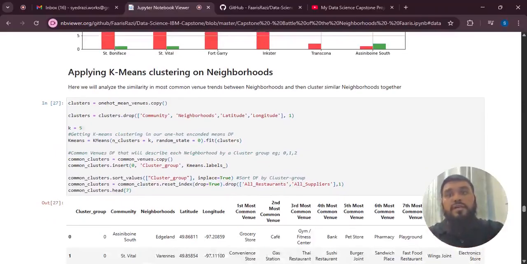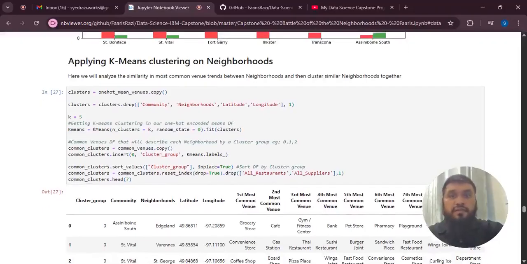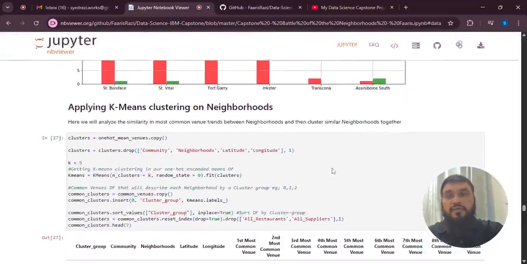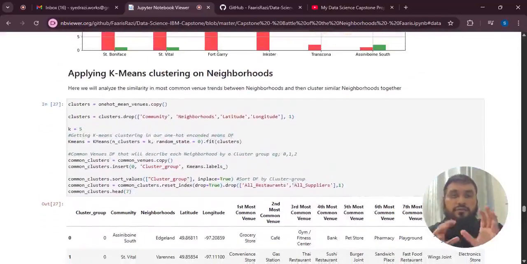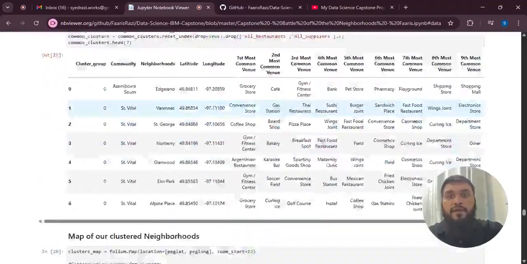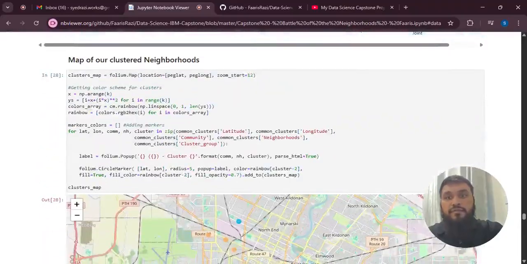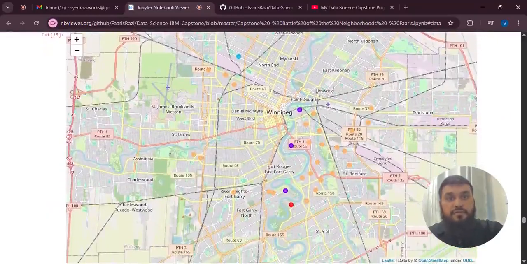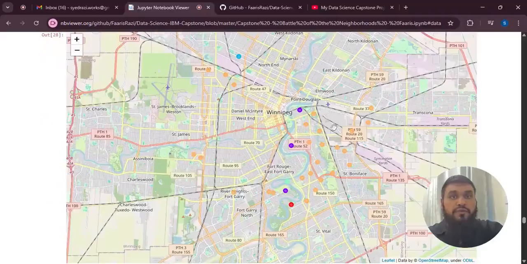So here we apply k-means clustering, which is an unsupervised machine learning algorithm where we'll be feeding all of our data of the most common venues and then cluster them into 5 groups as we do k equals 5 here. And what you'll see in a bit, on our interactive map again, is the cluster of our focused neighborhoods.